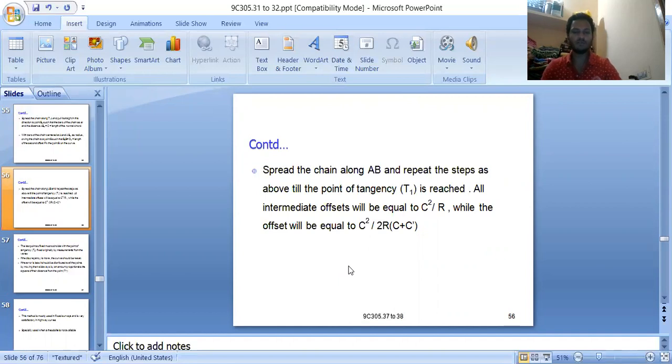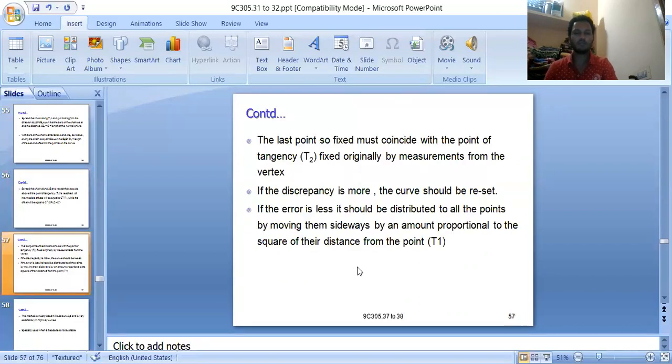All intermediate offsets will be equal to C square by R, while other offsets will be equal to C into (C plus C dash) by 2R. The last point so fixed must coincide with the point of tangency T2, fixed originally by measurements from the vertex.